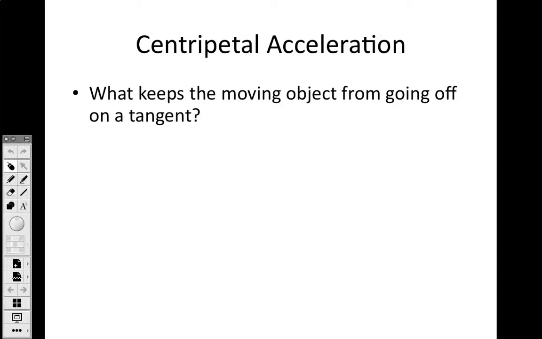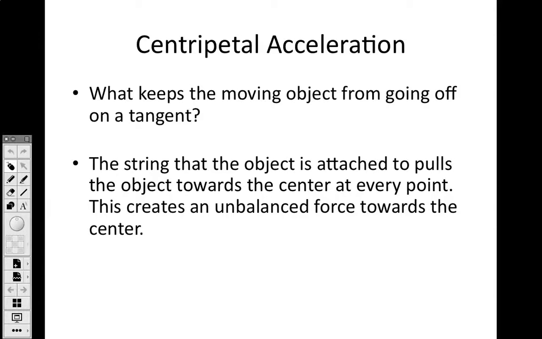So what keeps the moving object from going off on that tangent, as we just talked about? Well, the string or the rope or whatever is attached to the object is pulling that object towards the center at every point. And when this happens, it creates an unbalanced force towards the center.